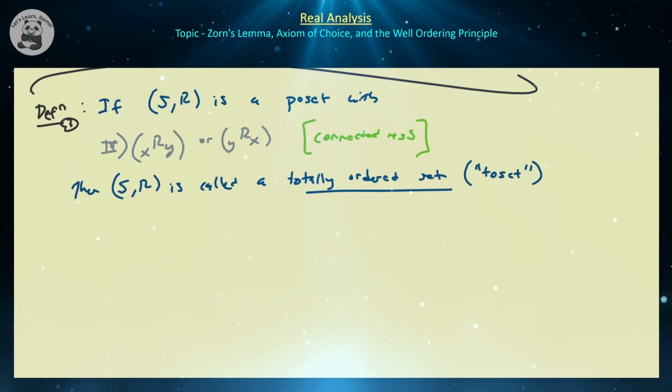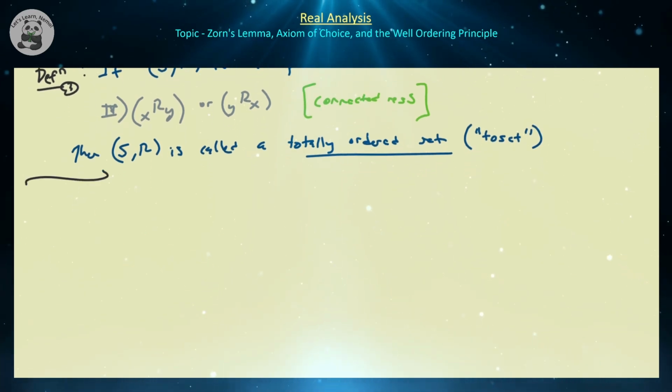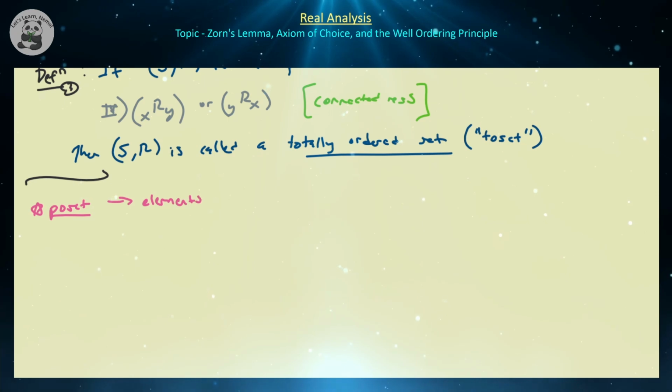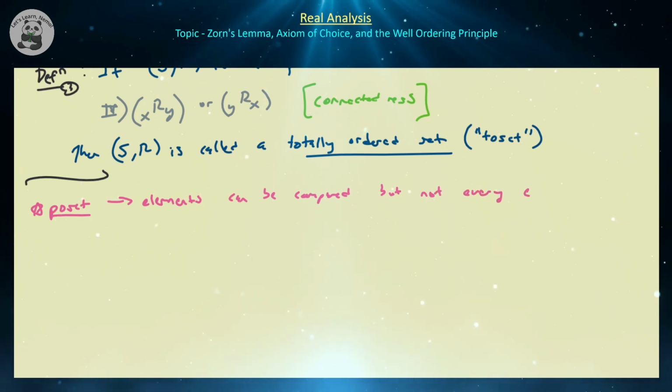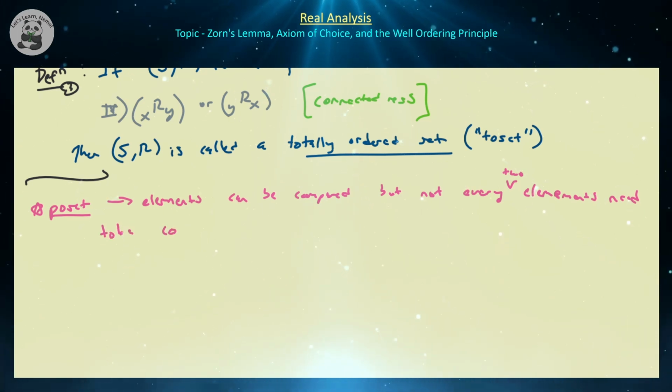And let's actually formally state that little comment I made, because that's actually pretty useful. So if we have a po set, the elements can be compared, but not every two elements need to be comparable.